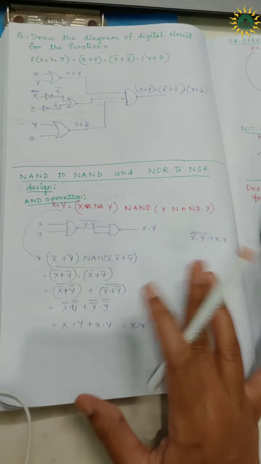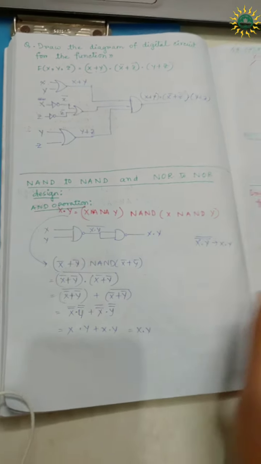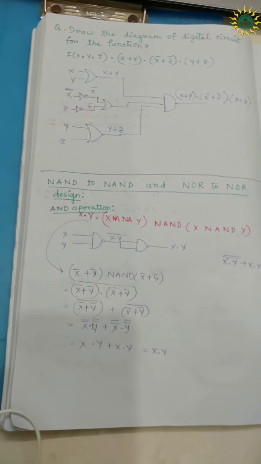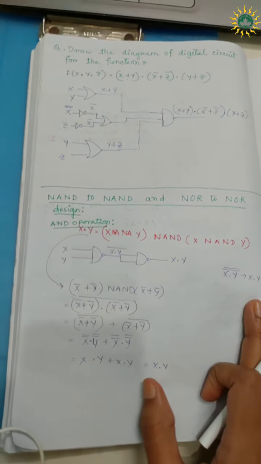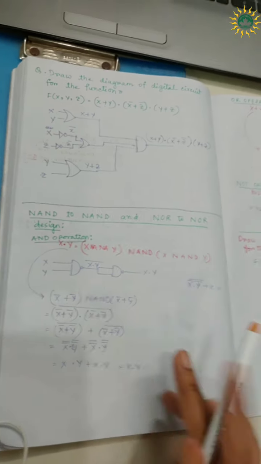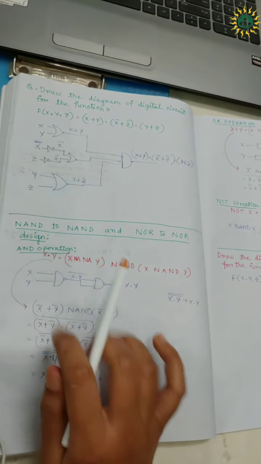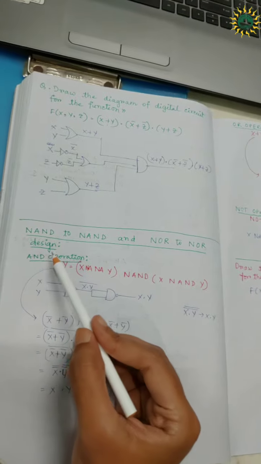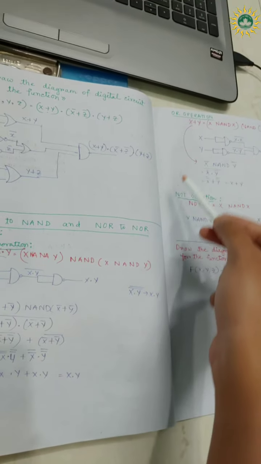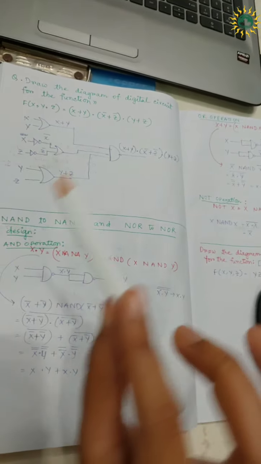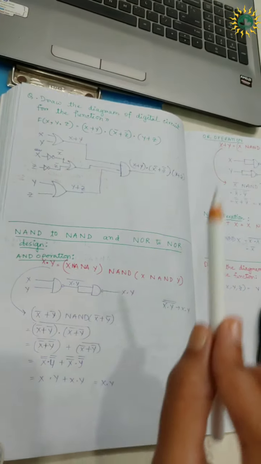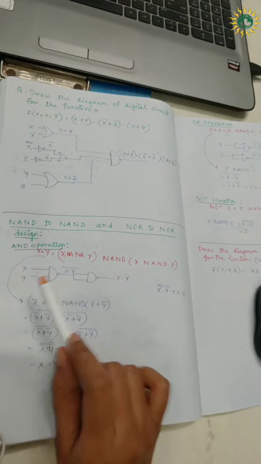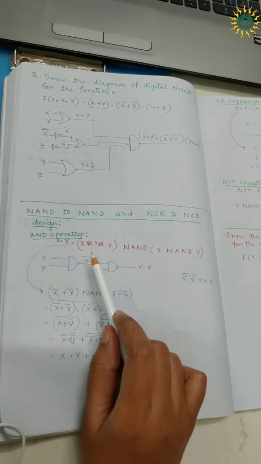Understood? Okay. Now this is a very tricky but important thing. We are almost at the end of the chapter. This is where you see what is AND, what is OR, and what is NOT. We will express the simple AND operation with the help of NAND.